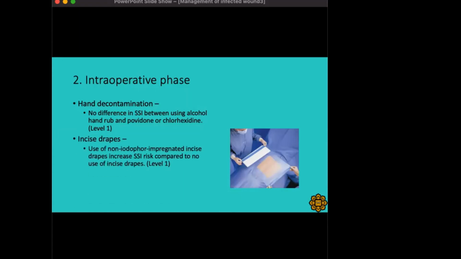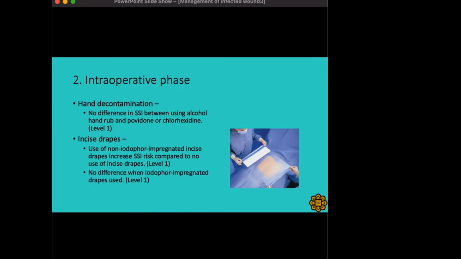Incise drapes, I think we do have this at SASMAC, I think. If you use the incise drape, this drape that you put over the skin, the non-iodophor one, this is just a plain one, it actually increases the SSI risk compared to not using one.